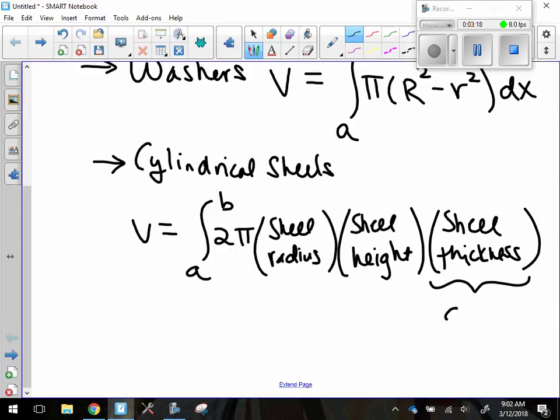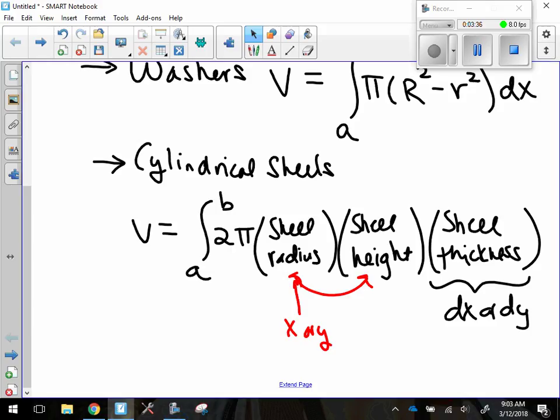Okay, and it's that shell thickness, just like I've been saying, that's going to be dx or dy. And then, like we said, one of these, usually the radius, is just going to be x or y. And the other will be a function of the function that you're graphing.